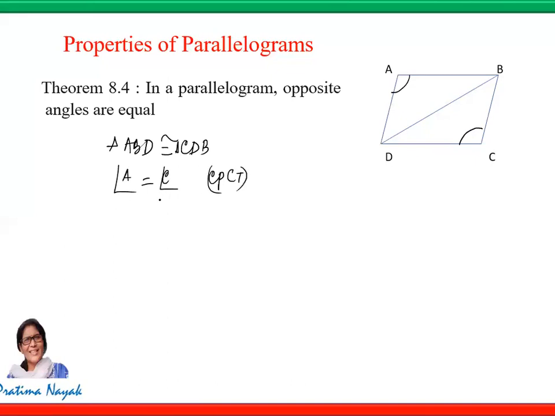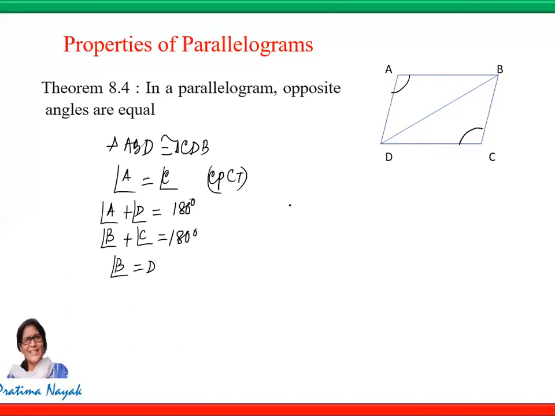Now A is equal to C, and you know that A plus D is equal to 180 degrees because co-interior angles, and B plus C is also 180 degrees. When A is equal to C, B is equal to D.